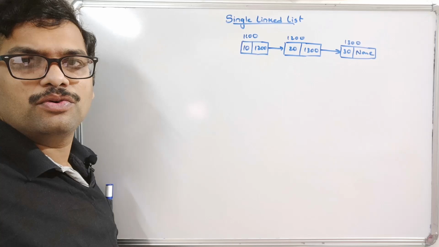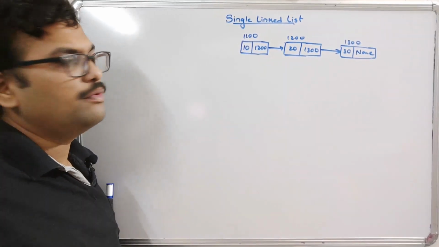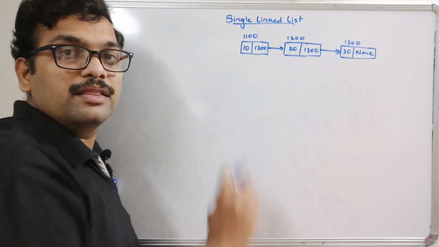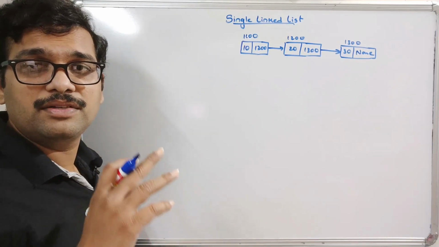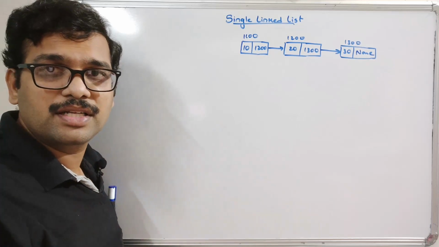So the first node will be the 10, 20 and 30. So in the previous session we have seen we have created a class node which is with the 2 variables, one is a data and another one is a next, right?